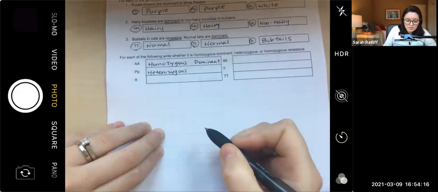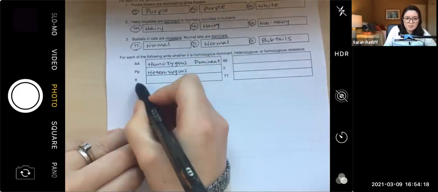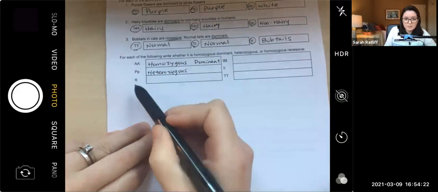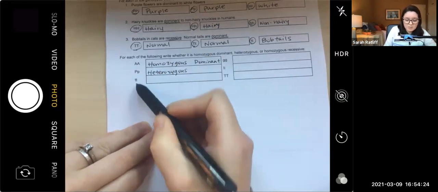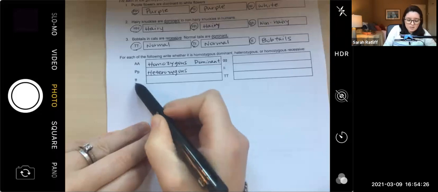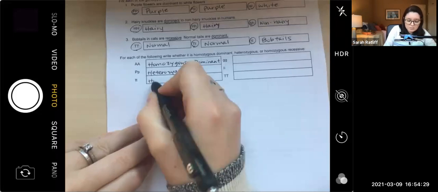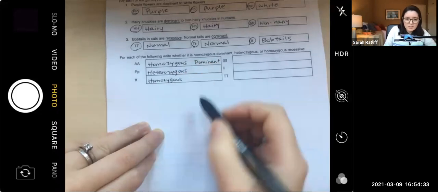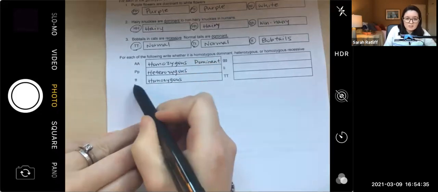All right, our last one in this column here, we have a little t, little t. Are we looking at a homozygote or a heterozygote? Well, they are the same capitalization, little t, little t. That means it will be homo. And looking at the capitalizations, it has little t's, which are the recessive form of our trait here.